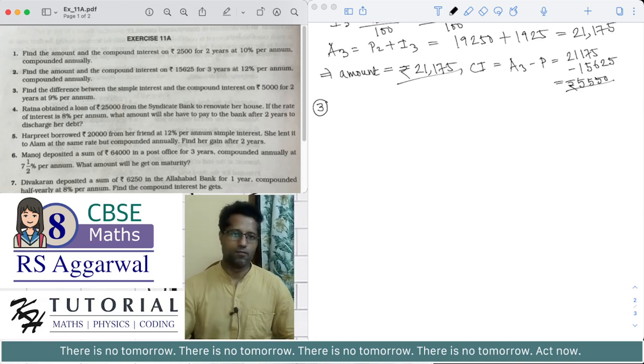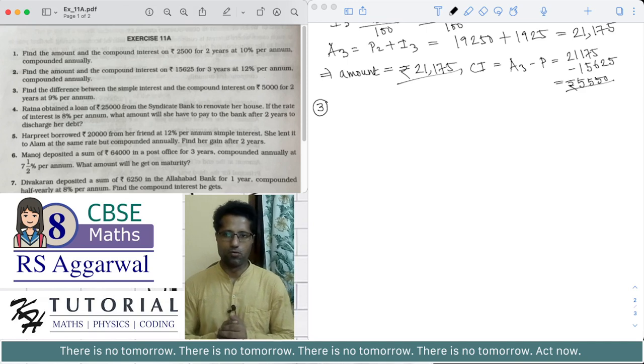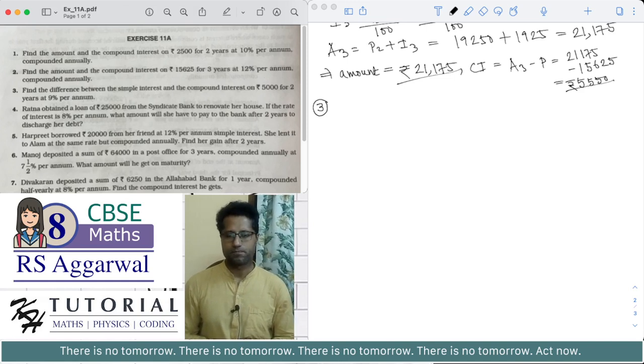But to find the compound interest, we need to know the unit of time. It is not mentioned in this problem whether the interest will be compounded annually, half yearly or quarterly. So if nothing is mentioned, we can assume that it will be compounded annually.